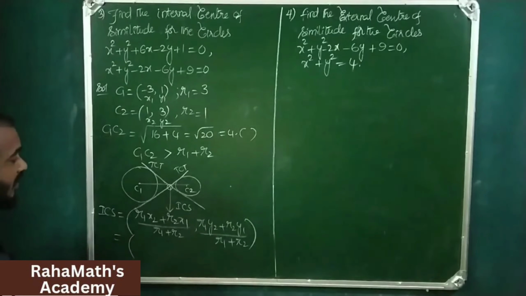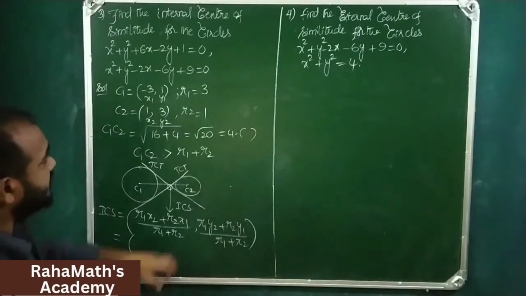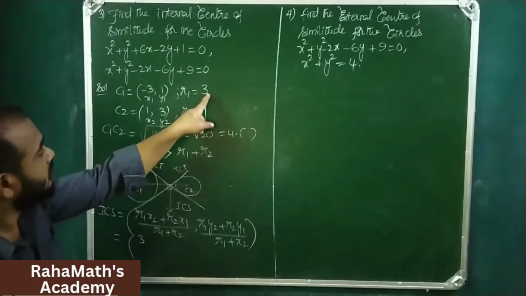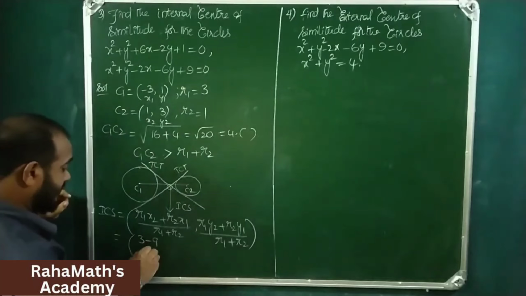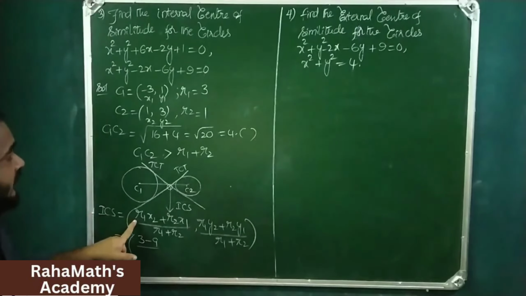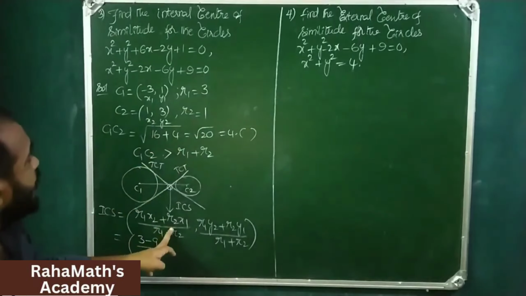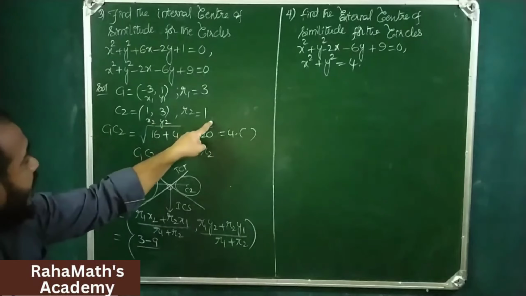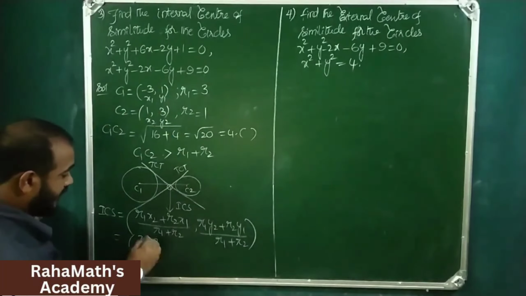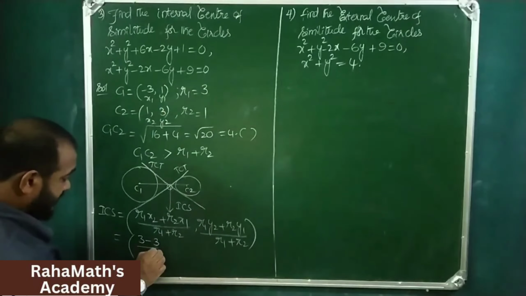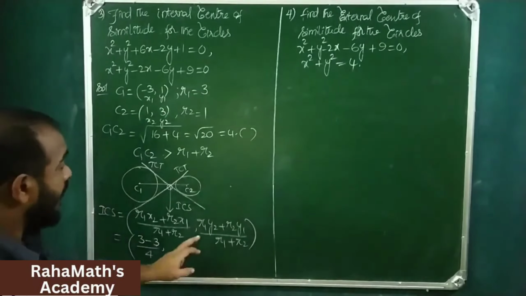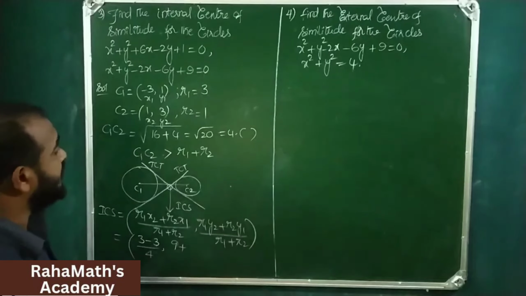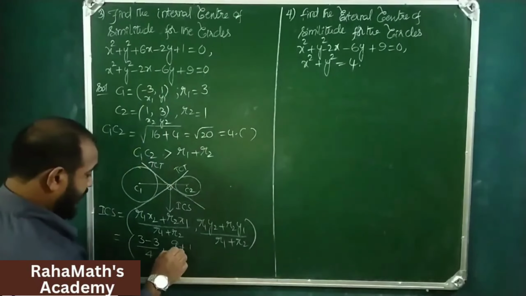So see this, R1 x2, R1 is 3 into 1, 3, plus R2 x1, 1 into minus 3, minus 3, by R1 plus R2, 3 plus 1, 4, comma, R1 y2, 3 into 3, 9, plus R2 y1, 1 into 1, 1, by 4.